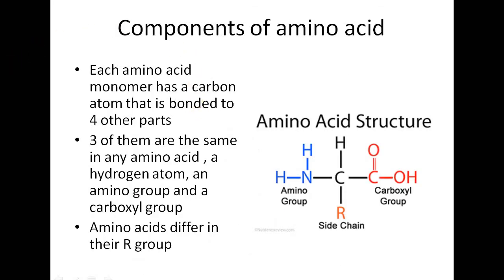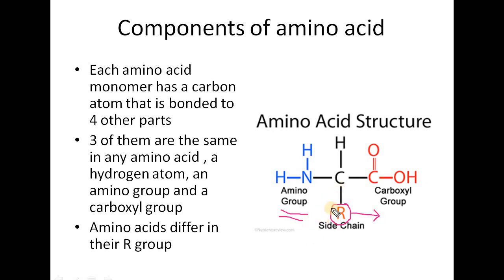Now, the components of amino acids. This is the chemical structure of amino acids. The C double bond O, OH is called the carboxyl group, and this is the amino group, which is NH2. That's why it's called an amino acid, because of this amino group. Then I have the CH, and it's connected to the R. This R is variable in different amino acids.